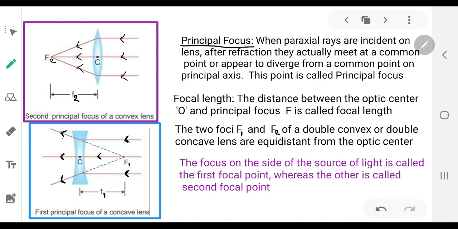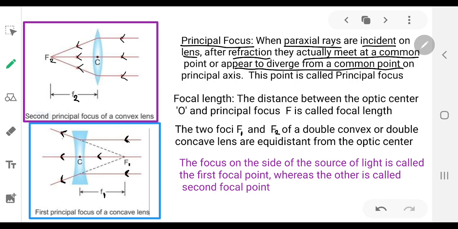There, in case of a mirror, it was reflection. Here, in case of a lens, it is refraction. So when paraxial rays are incident on a lens, they refract. After refraction, they actually meet at a common point, or they appear to diverge from a common point.